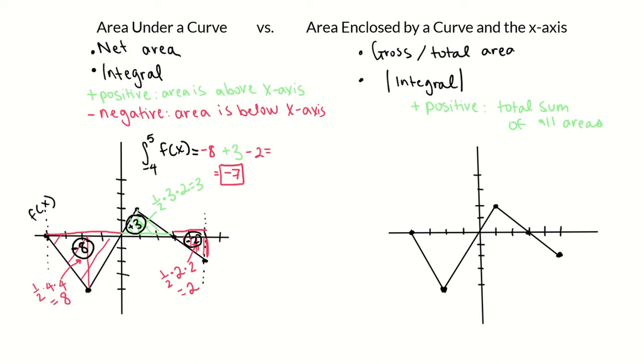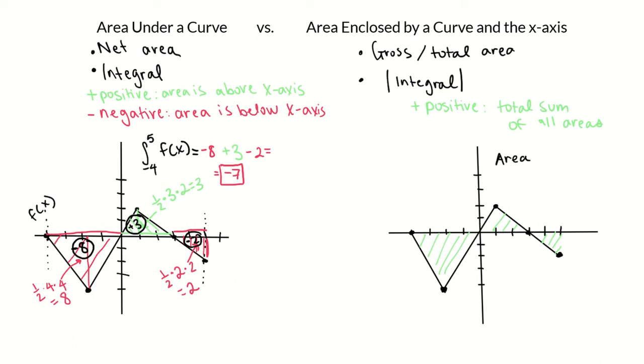Well, how does that change when we're thinking about the absolute value of the integral, or the area enclosed by a curve in the x-axis? We have the same f of x here. We're just going to treat all of these area pieces as positive, so we are looking at the absolute value of each of these areas.